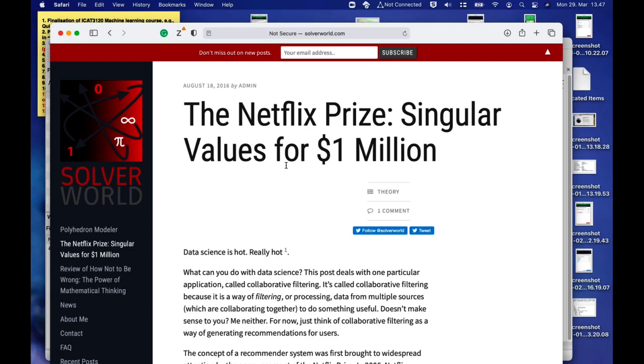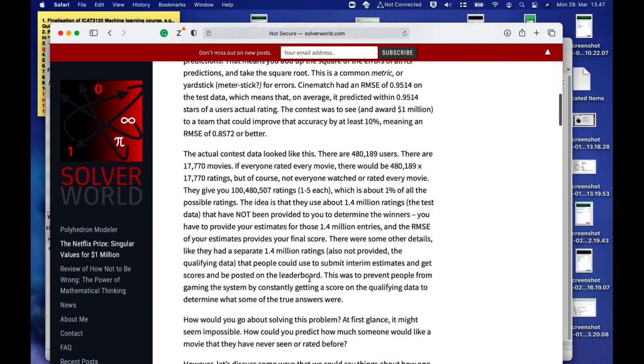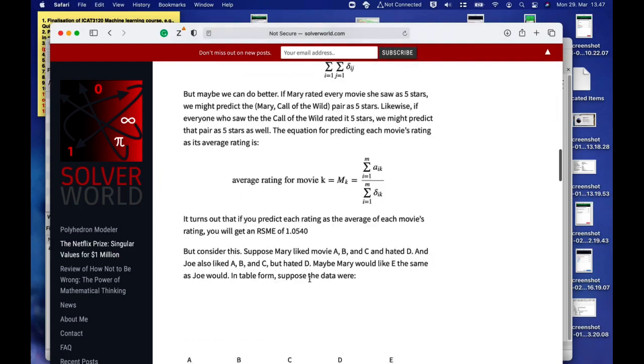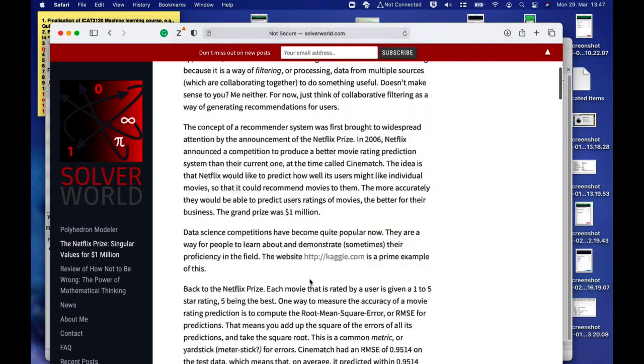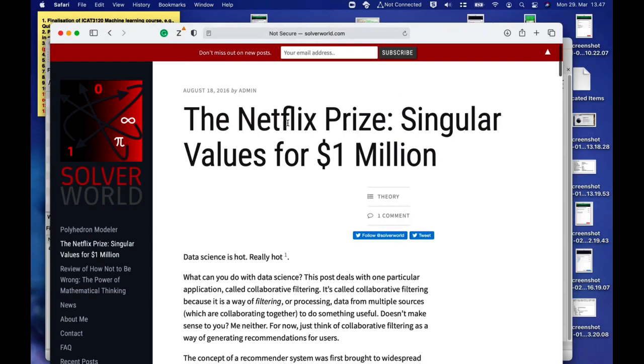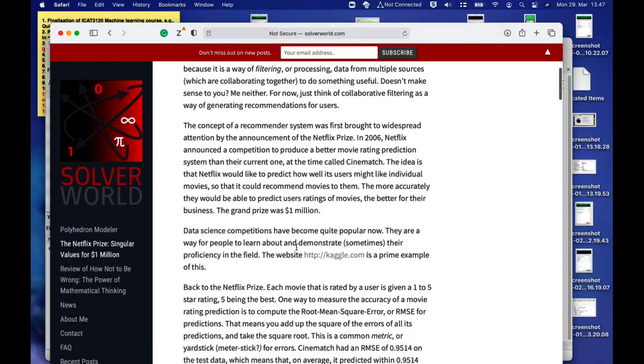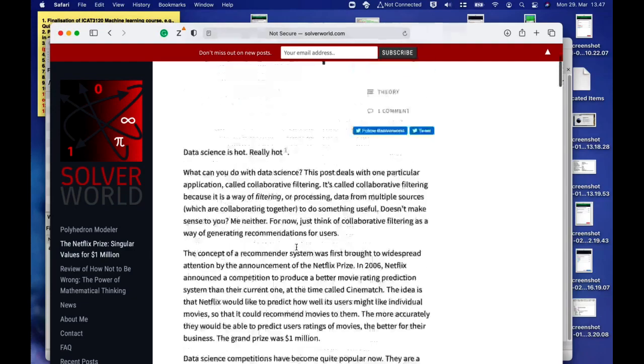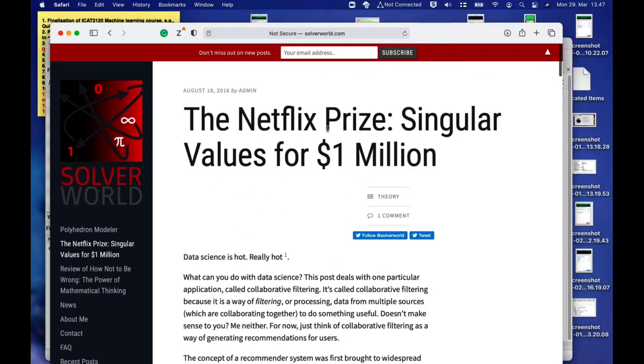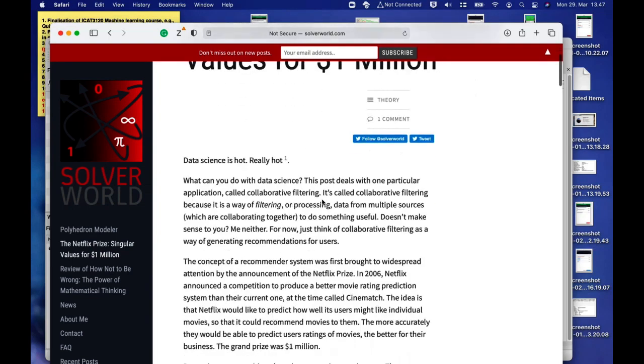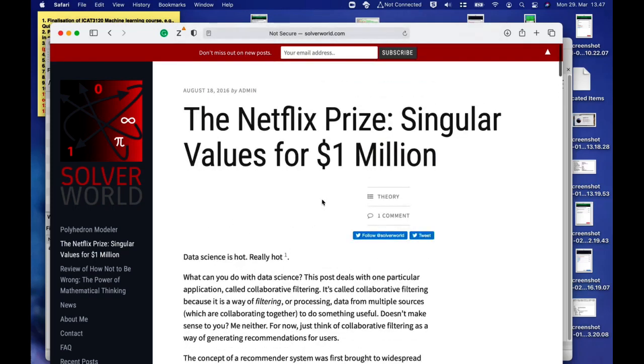Before I continue, you can read a lot about how the winners utilized singular value decomposition to achieve the requirement, why they won that prize, and how they compare with the other proposals at that time. There is a lot of material that you can find by googling it.